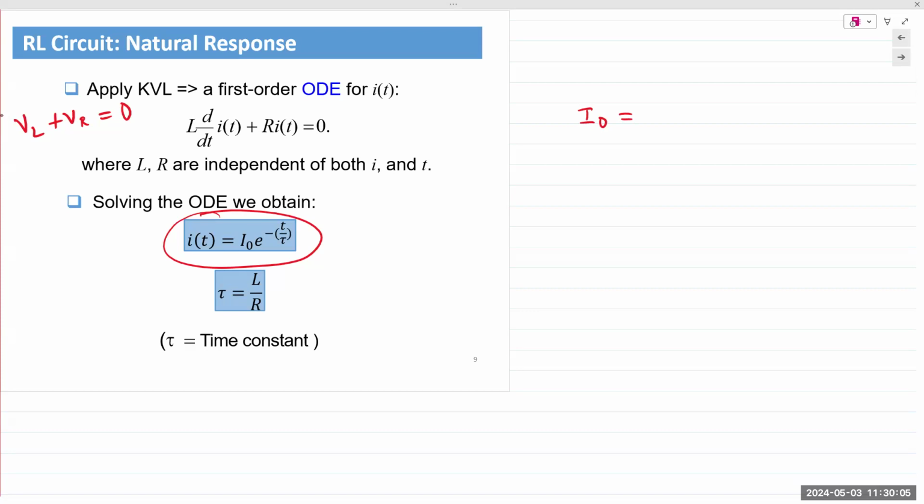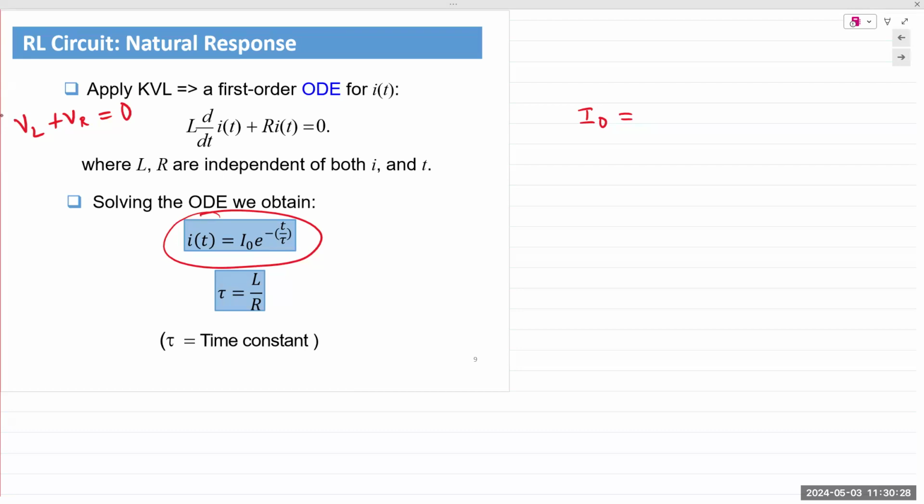And this value you obtain by looking at the circuit in the past. Remember what I said, we don't care about what happened in the past. We are not analyzing the past, but we just need to know what that value is so that we can begin our analysis from the present. So I0 is the initial value in that inductor when we begin our analysis.